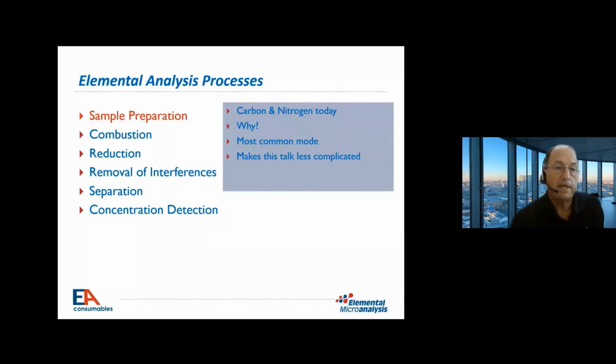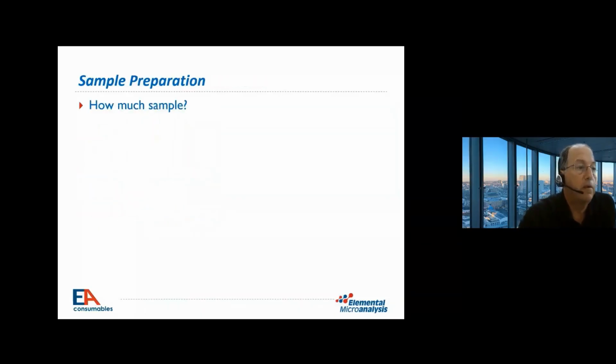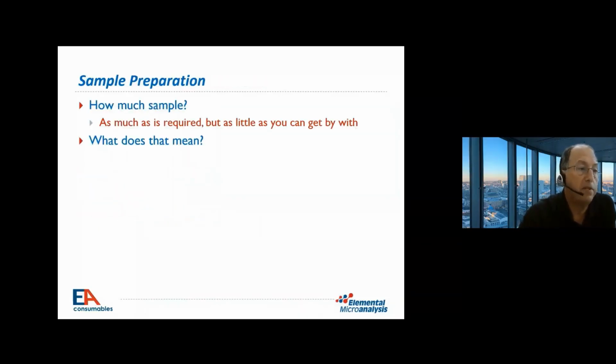So the first step is preparing the sample for analysis. And the question is often how much sample is required. And the quick answer is as much as is required, but as little as you can get by with. And that's not usually very meaningful for people that are asking the question to begin with. What does that mean?